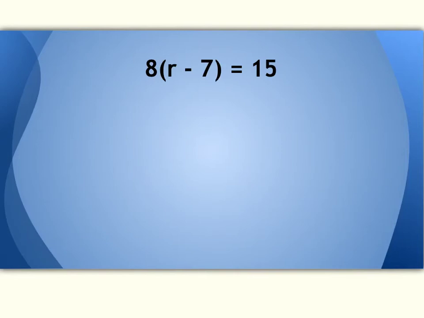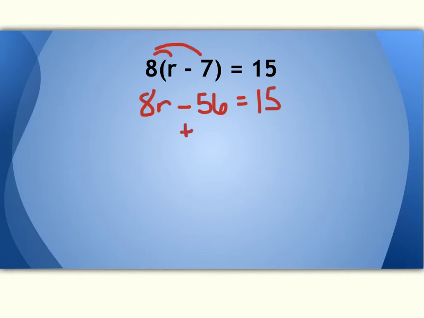Do it when it's easier. So I am going to distribute. 8 times r is 8r, minus 8 times 7 is 56, equals 15. Now I just undo.